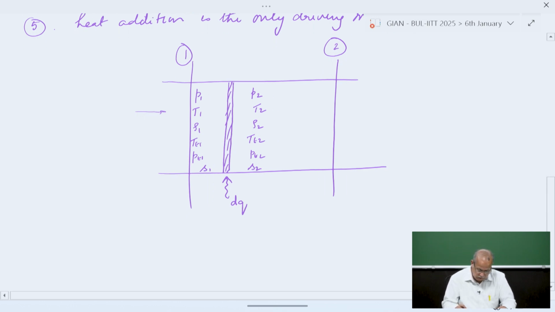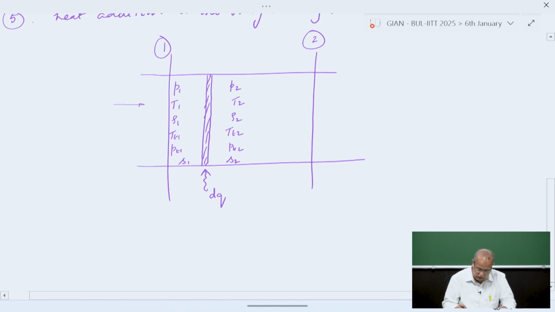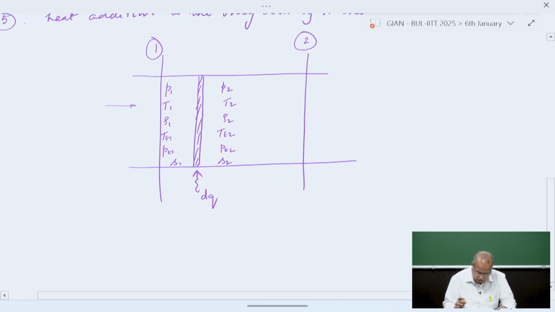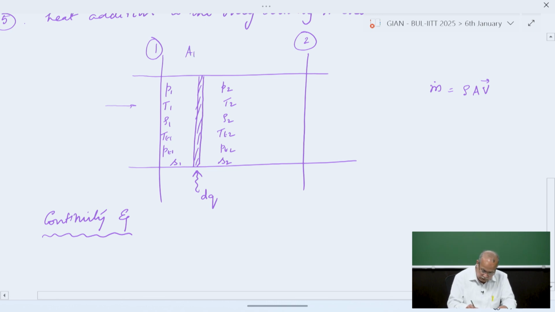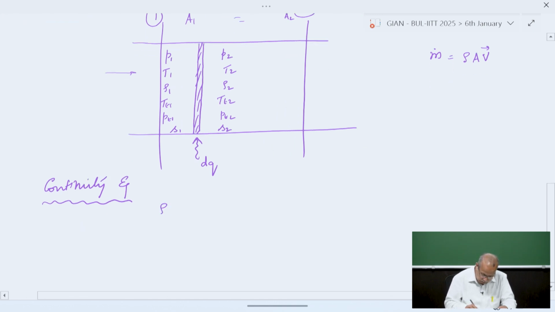So to solve this problem, we need to construct the basic governing equations. We're going to start with the continuity equation, because continuity is based on the mass flow rate. Mass flow rate is rho A V. That's the continuity equation. Because the area A1 is equal to A2, we can write rho 1 V1 is equal to rho 2 V2.